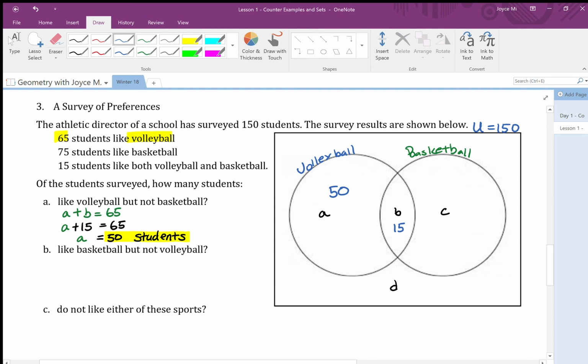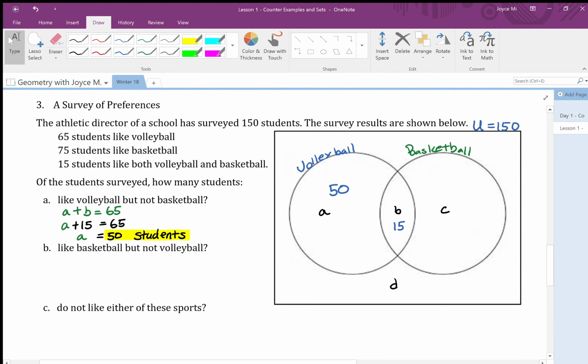Now let's figure out part C. Part C represents students who like basketball but not volleyball. We can do it the same way we did for part A. I know that 75 students like basketball, so the total for basketball is region B plus region C. Let me use the same color for consistency. B plus C gives me the total of basketball, which is 75.